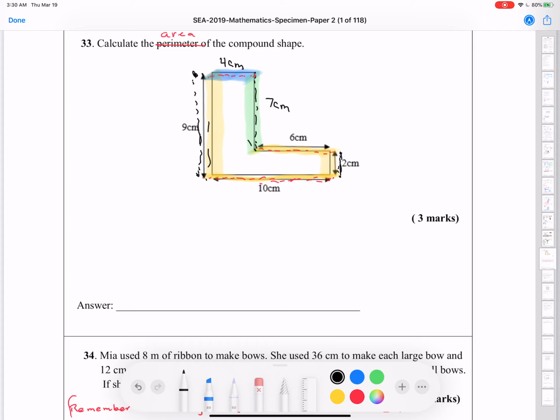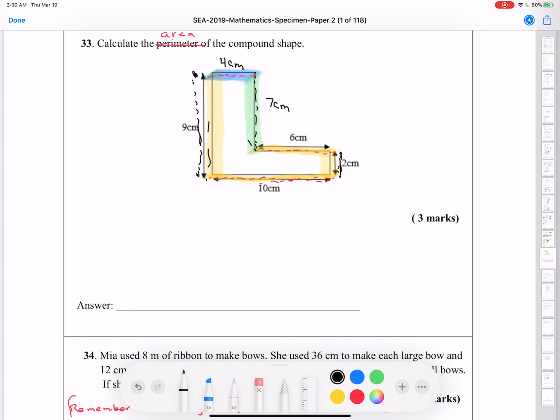centimeters. Now, the original question asked you to find the perimeter. I'm asking you to find the area. And anytime you have compound shapes, there's no formula for area of compound shapes. You have to split your shape into regular shapes in order to find the area.